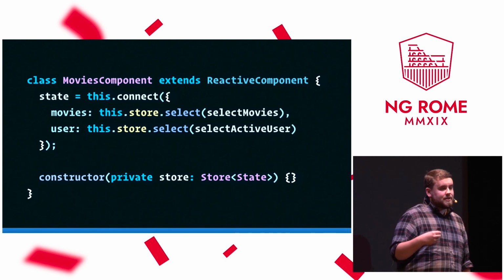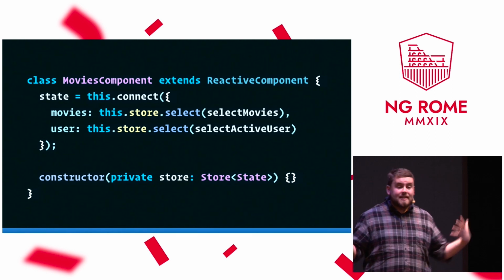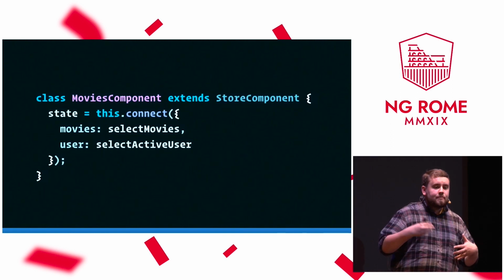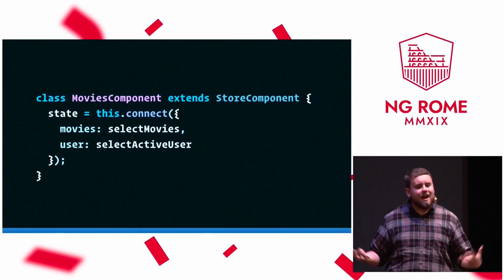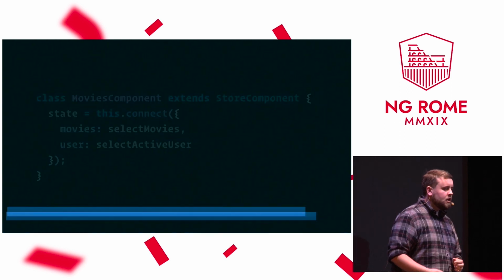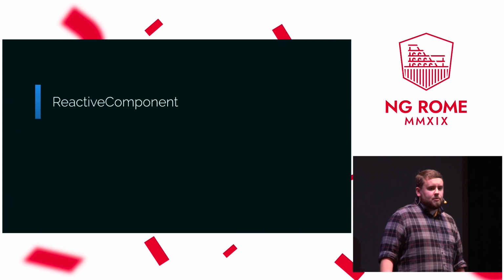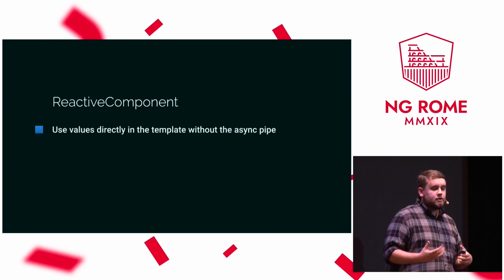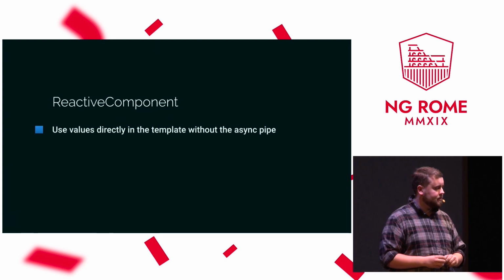And what's really interesting is that libraries like NgRx and NGXS and Akita can take this one step further, and they can provide their own higher order components that remove even more of the boilerplate of connecting those observables to their component instances. So what have we achieved with reactive component? Well, we've made it possible for developers to use values directly in the template without having to rely on the async pipe.